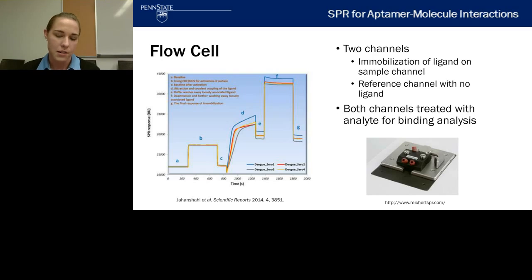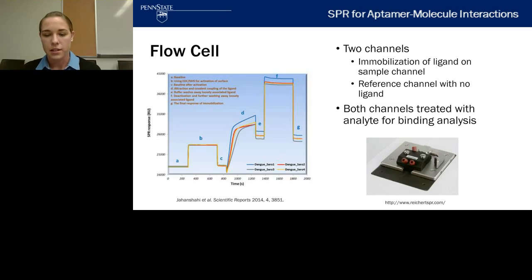We can see the mass increasing, and then in E, we do a wash step to remove the binding of loose ligands. In F, the group in the Scientific Reports paper here uses a deactivation step, which deactivates the surface but also is used to remove loosely bound ligands. And then in G, you can see that the final signal is higher than that in A, which would show that the ligands have been immobilized on the surface.